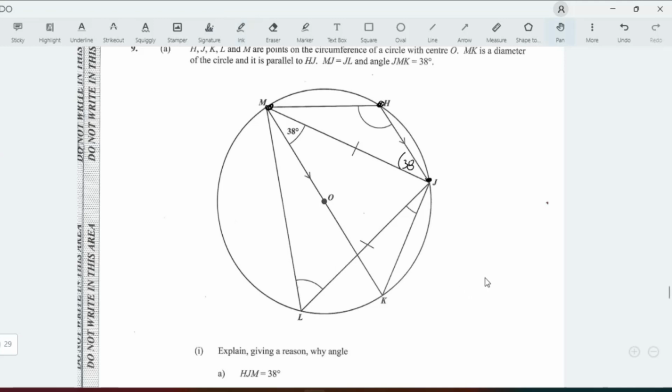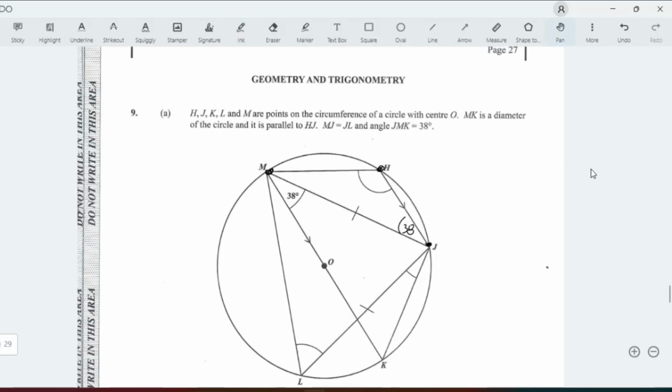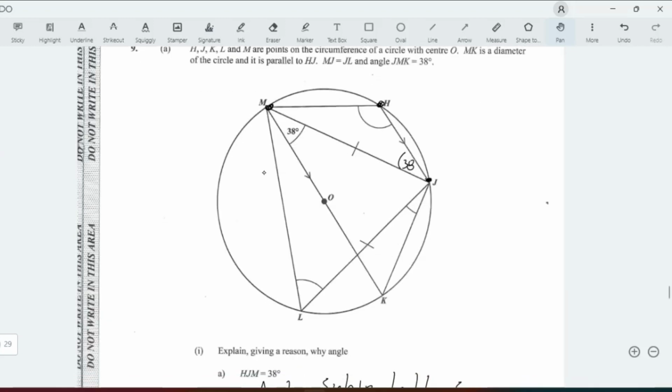Now angles subtended by the same chord are what? Equal. So no problem. Angles subtended by the same chord are equal. Now, the 90 degrees is angle MJK.